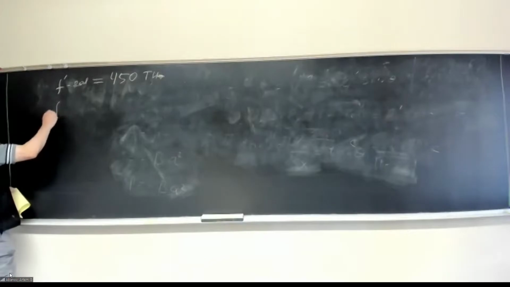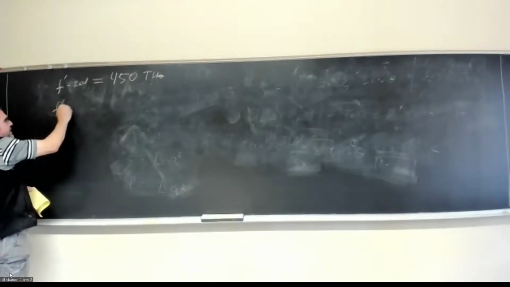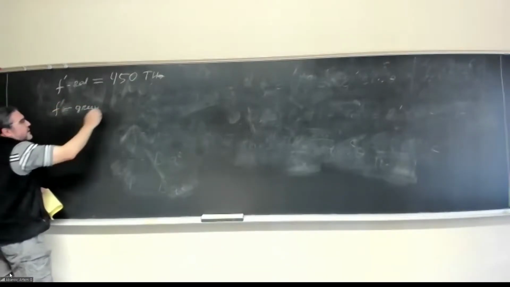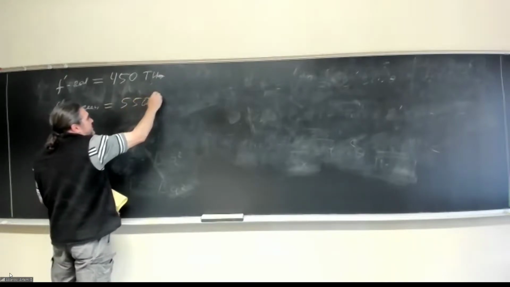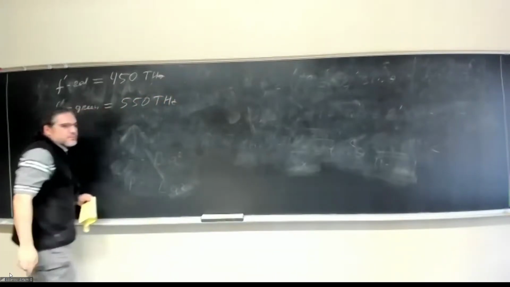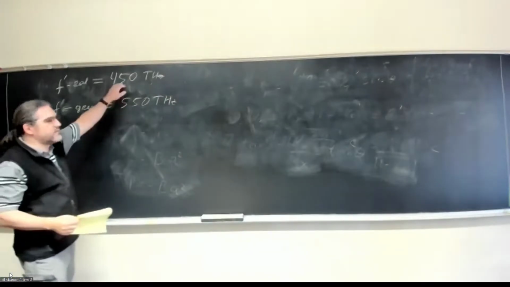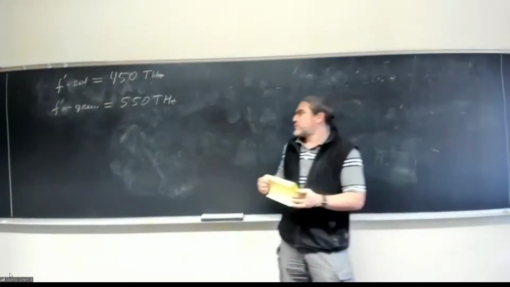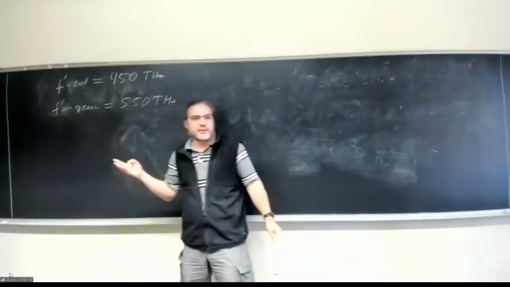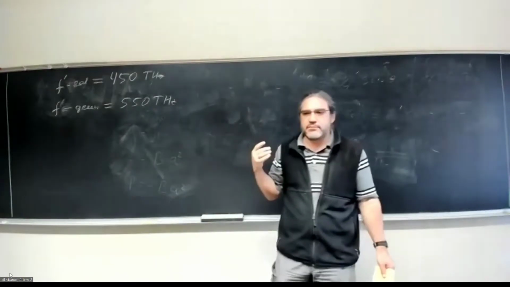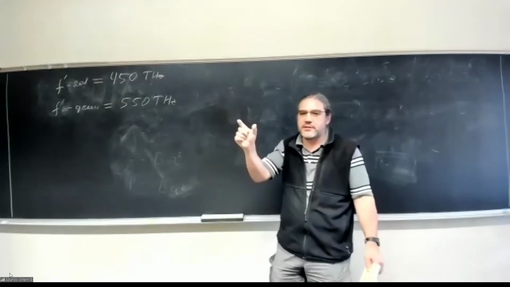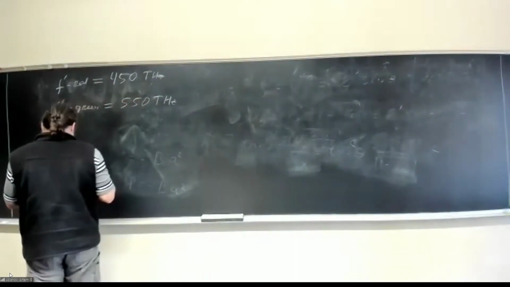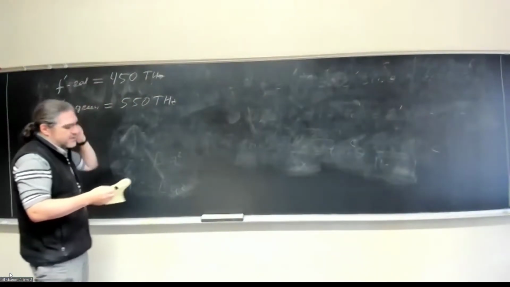And the frequency of green light is 550 terahertz. The numbers are not very important. We are not going to be picky, because in fact our eyes are not so sensitive. We cannot resolve down to single terahertz. Our eyes perceive that red light as red color over some range of frequencies. So the numbers here are in the right ballpark.